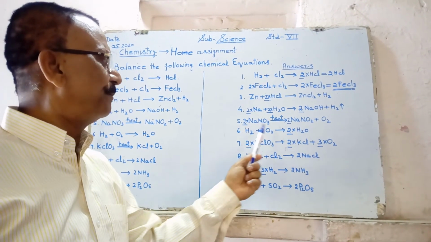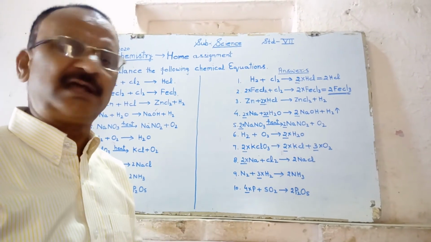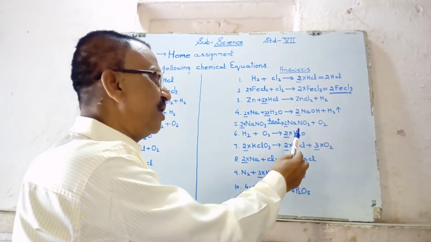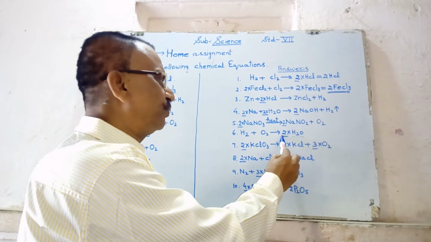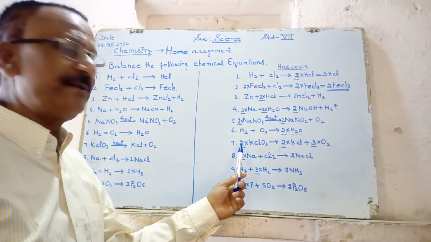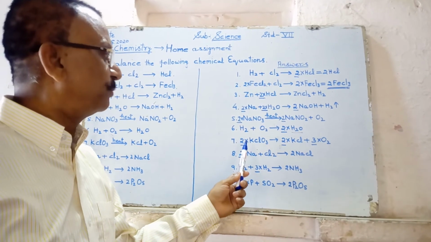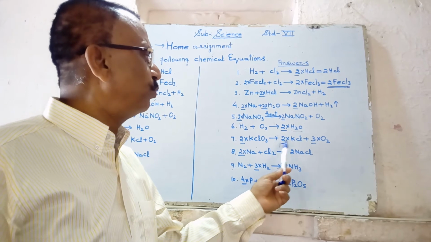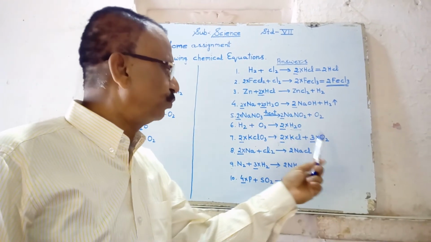Number 6, H2 plus O2 gives water, so water should be multiplied by 2 here. Now KClO3 should be multiplied by 2, so this becomes 2KClO3, which when heated gives 2KCl plus 3O2.